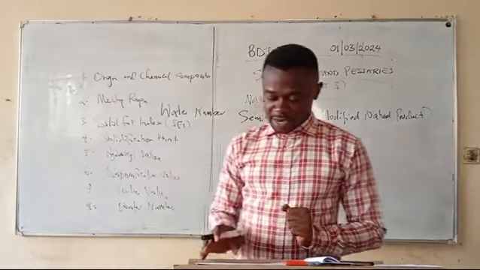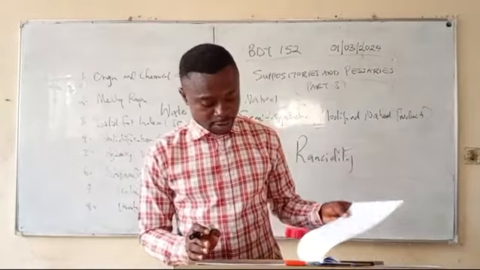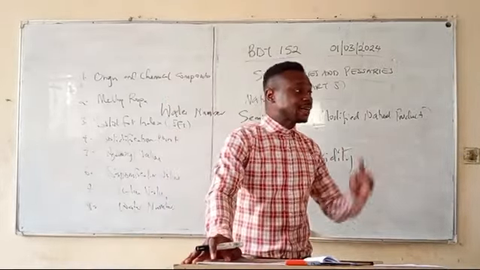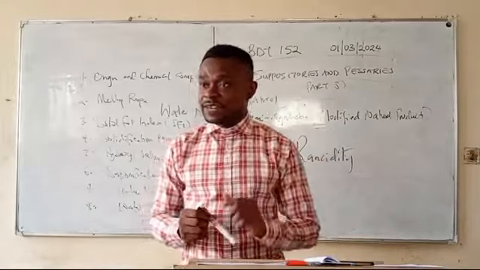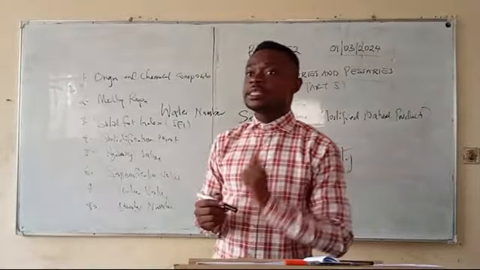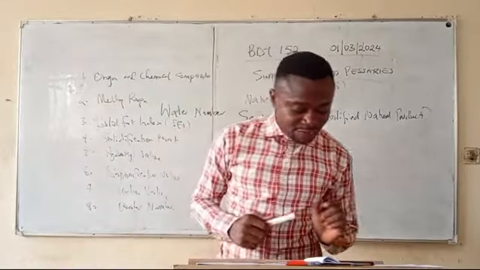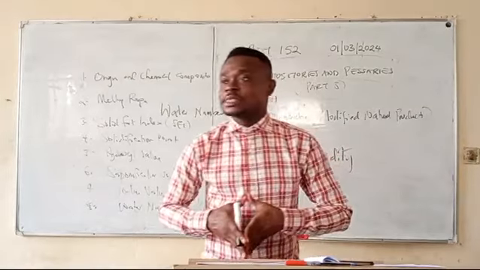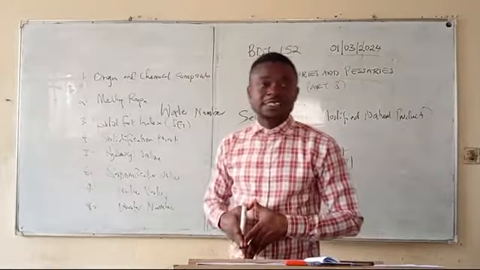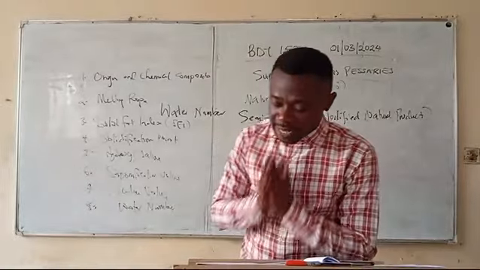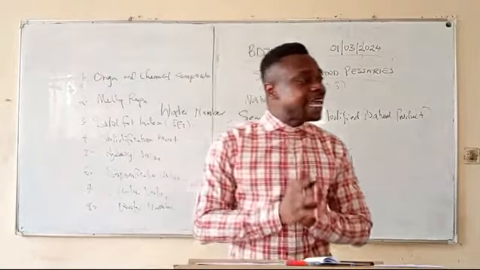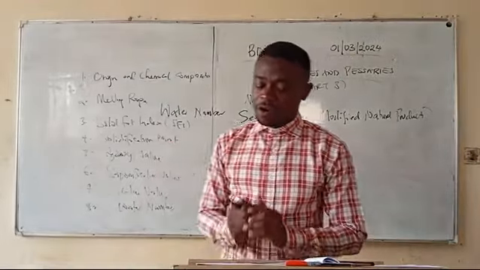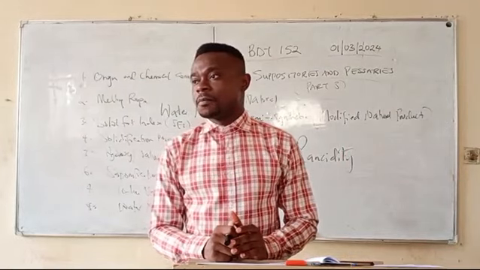Okay, so now are we together? Let me round up. The next one we'll look at is acid value. So what is acid value? Acid value is the amount of potassium hydroxide in milligrams required to neutralize the free fatty acid in 1 gram of fat or any substance.